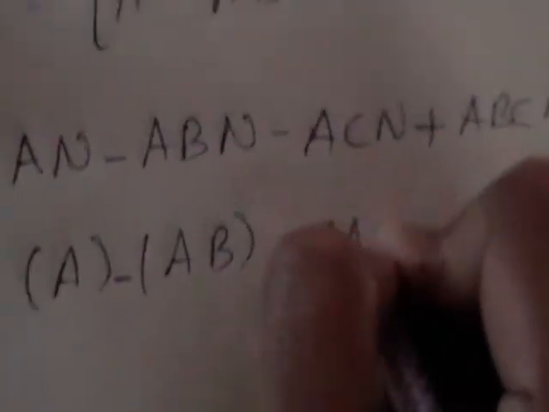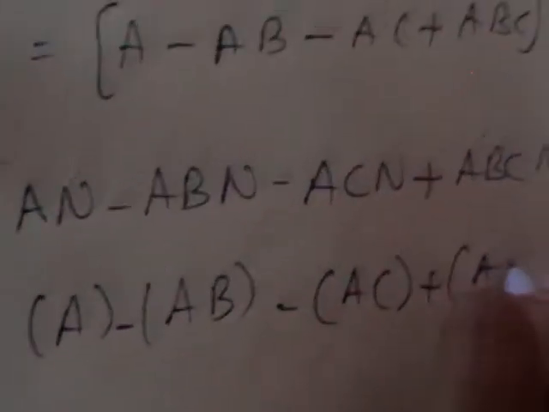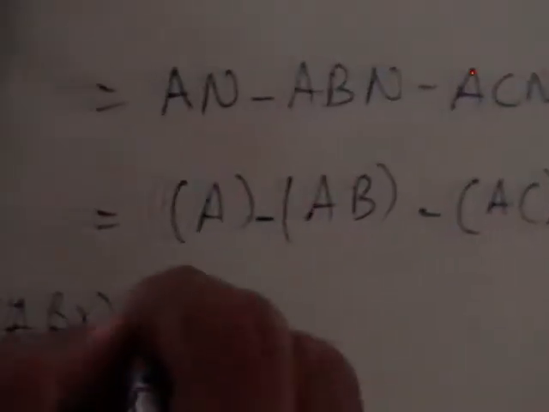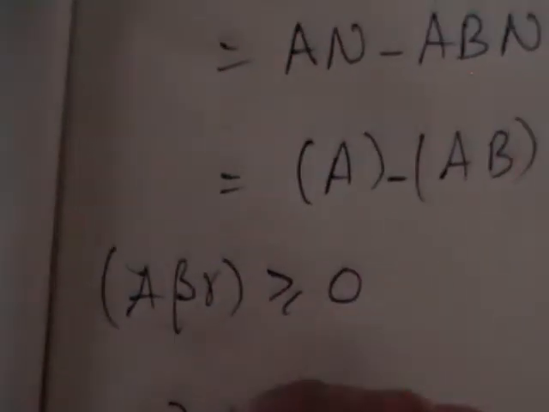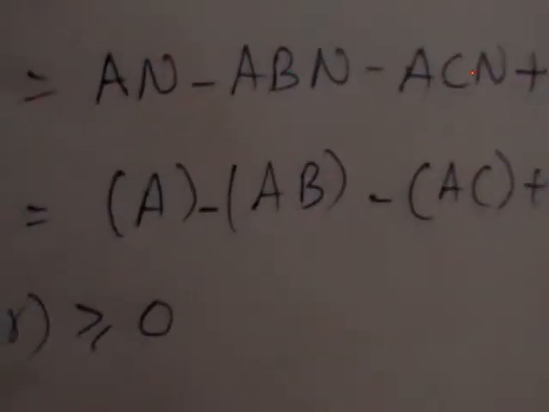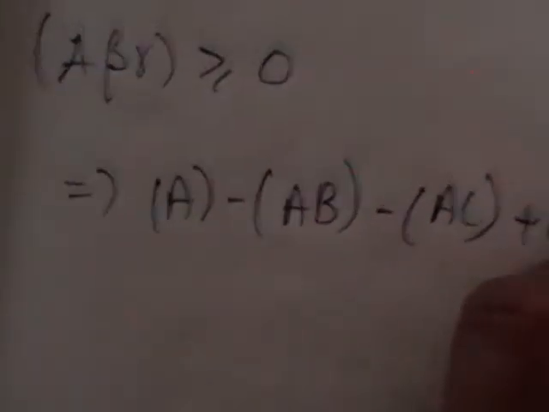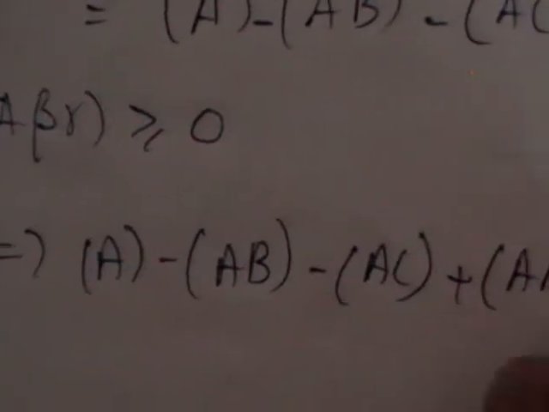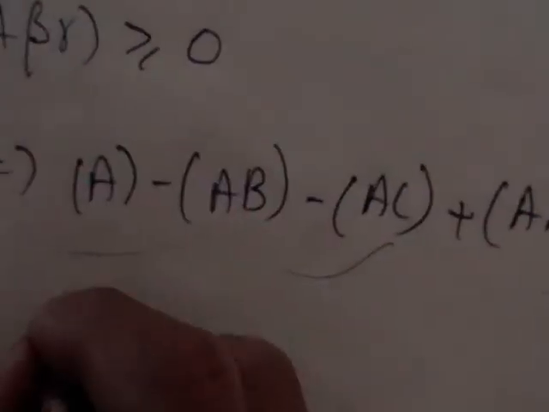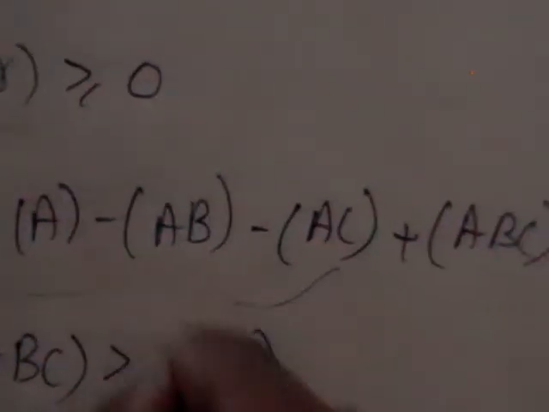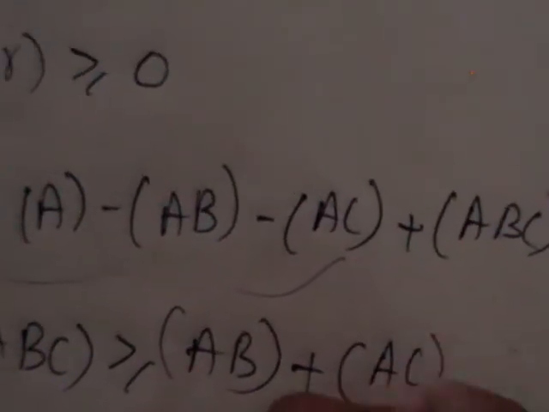AN can be written as bracket A, bracket AB minus bracket AC plus bracket ABC. As A beta gamma is greater than or equal to 0, you will get bracket A minus bracket AB minus bracket AC. If you shift all these terms to the RHS, you will get ABC greater than or equal to AB plus AC minus A.